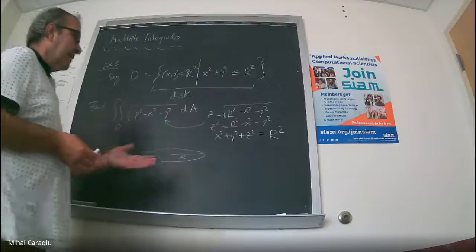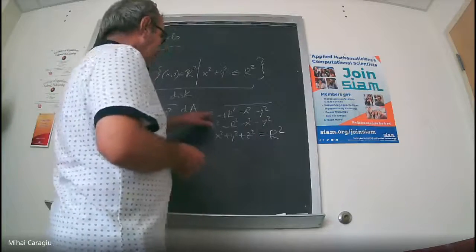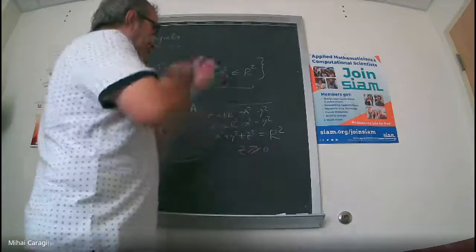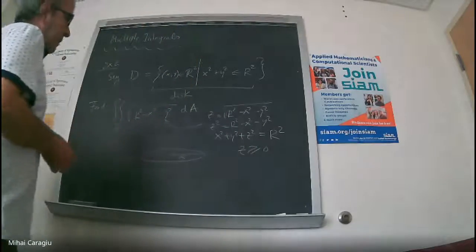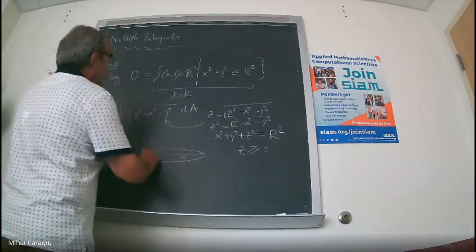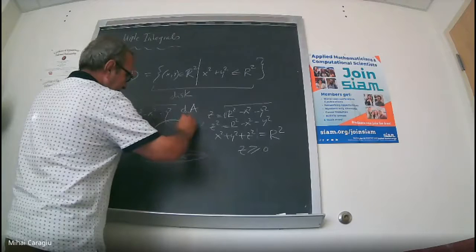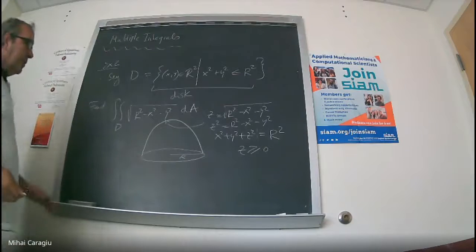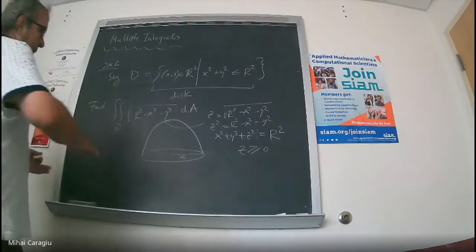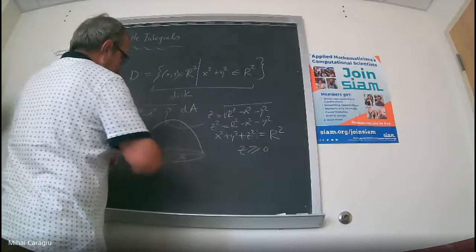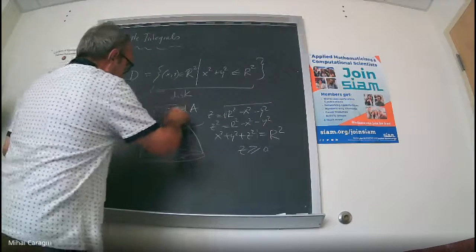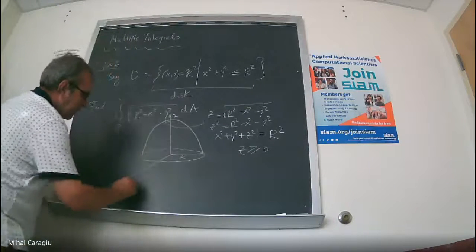It's a sphere centered at the origin of radius R. But z being a radical, z is positive because z is the radical of something. So then we have a half sphere. So the surface is a hemisphere above the disk centered at the origin with radius R. Now we can put a coordinate axis. So this is the z-axis, x-axis, y-axis.